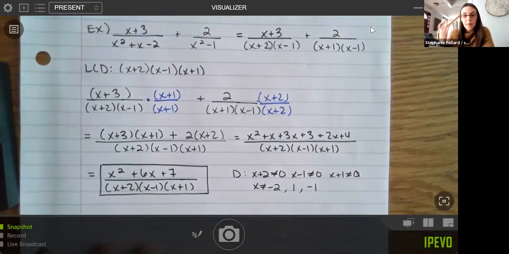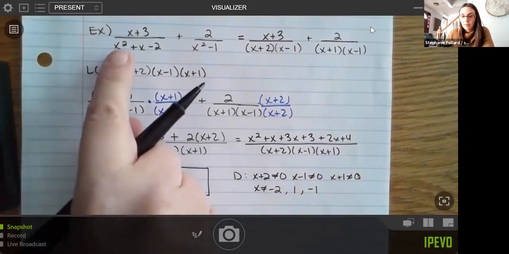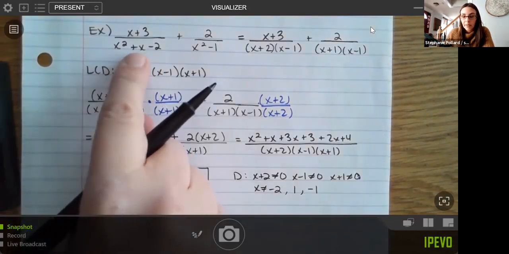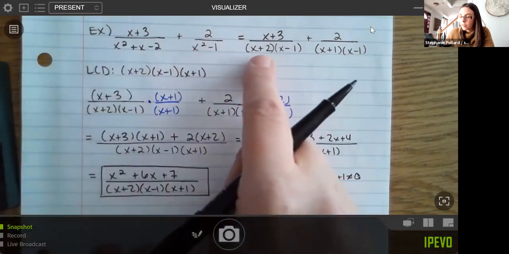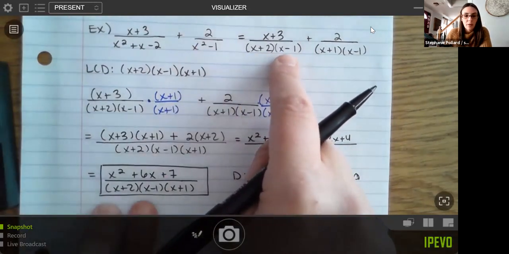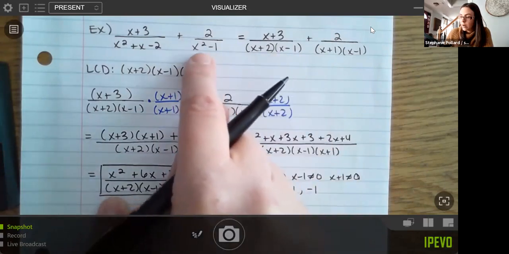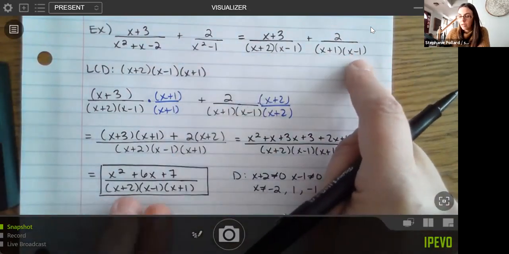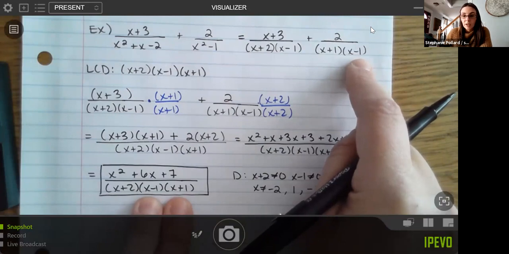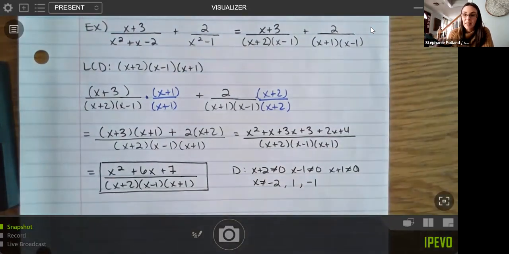And you'd want to see if you missed anything. So if I look at my original denominator here, the factors were x plus 2, x minus 1, and I've already included both of those. If I look at my second denominator, my factors were x plus 1, x minus 1, and I've already included both of those. So if I check my original problem, there's nothing else that I need to exclude. So these are the 3 values.